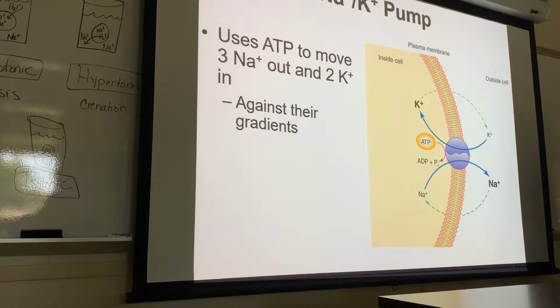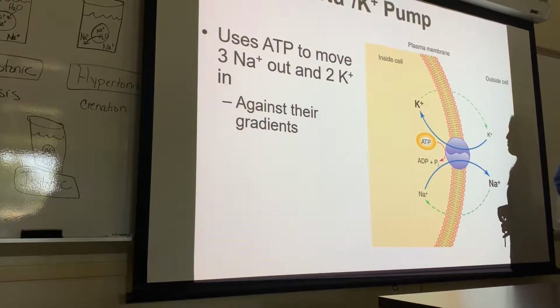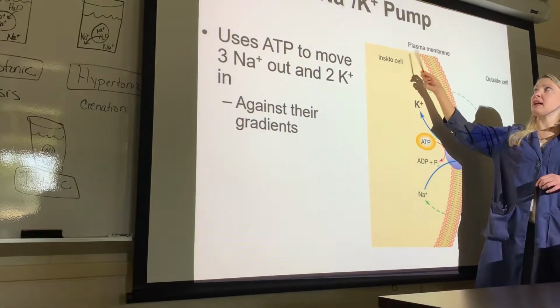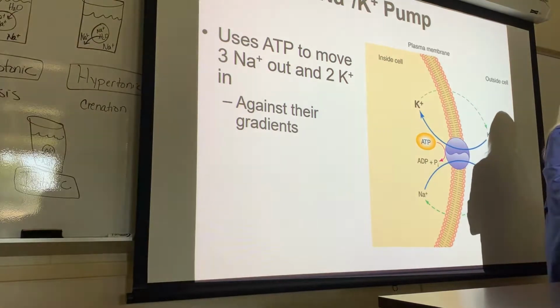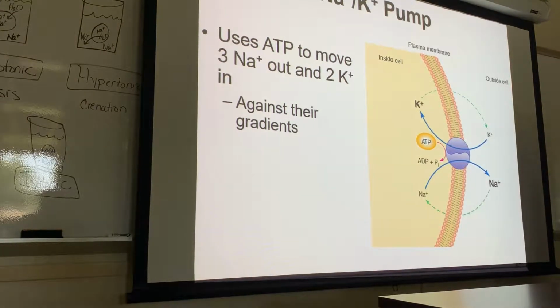There's primary active transport, also known as the sodium-potassium pump. So primary active transport and the sodium-potassium pump are synonymous terms. If you ever hear primary active transport, that's what they're talking about, the sodium-potassium pump. So sodium-potassium pumps are really very important.